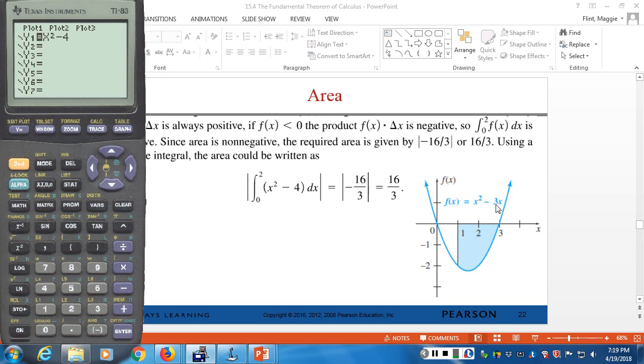Oh, they graphed x squared minus 3x. That's the book's bad, not ours. Let's try this so that it'll at least match the graph. Oh, it is 0.